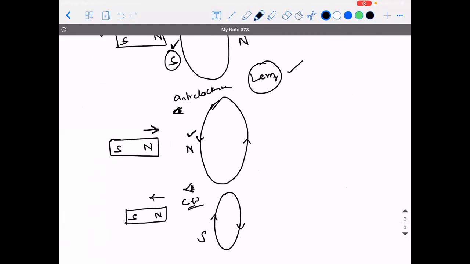Trust me, there are problems asked based on this concept itself. This is where many people struggle to understand.